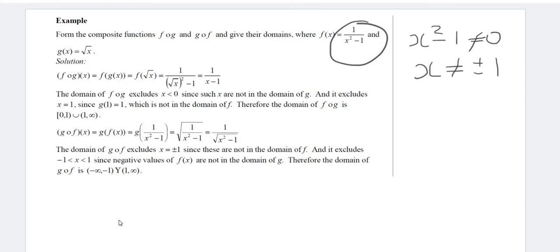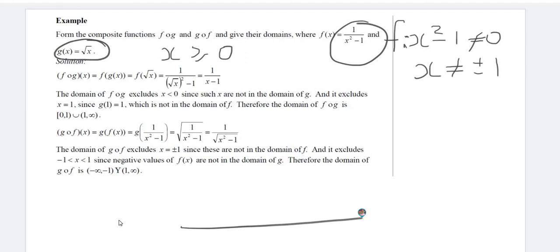Alright, so that is the domain for f. If you just write here f. Okay, so remember now x cannot be 1 or minus 1. Anything else but not plus or minus 1. And for g, it's a surd again. And for the surd, the inside must be greater and equal to 0. Okay, so when we combine, I just wanted to say, remember now that there's your minus 1, there's your 1, cannot be that, cannot be that, can be anything else.